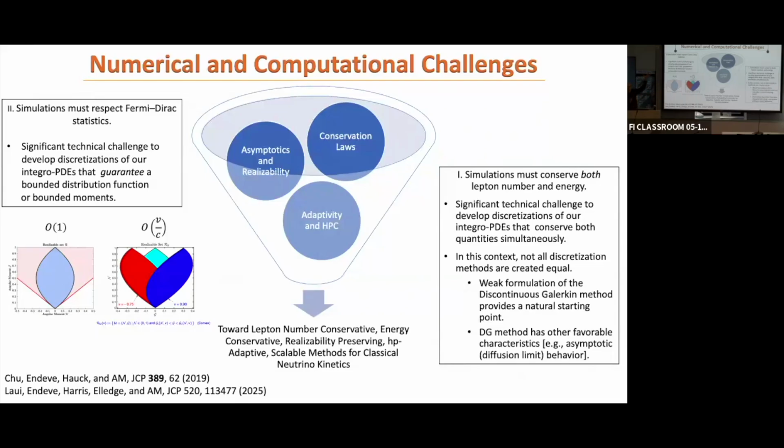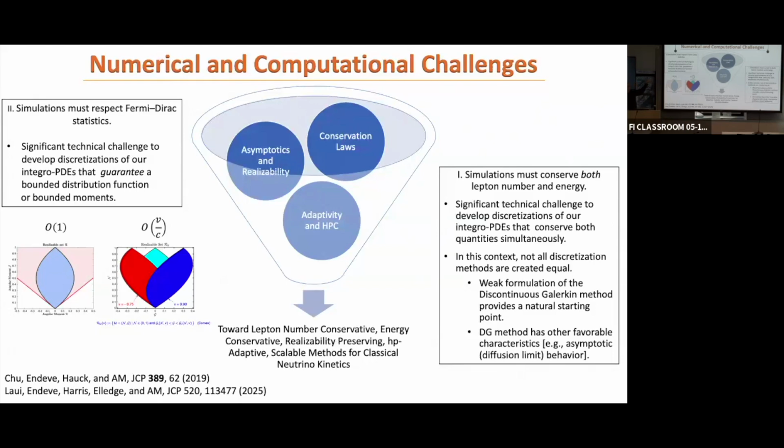To find discretizations that can conserve number and energy simultaneously is highly non-trivial, but we're getting there. And we're getting there by considering more sophisticated, higher order methods that have this ability. And this is not just, you can do higher order finite difference, you can do higher order finite volume, but it's the DG scheme that provides this capability.